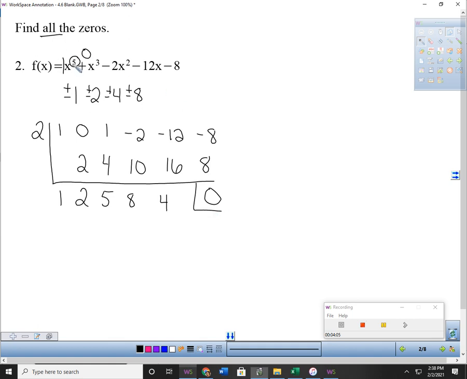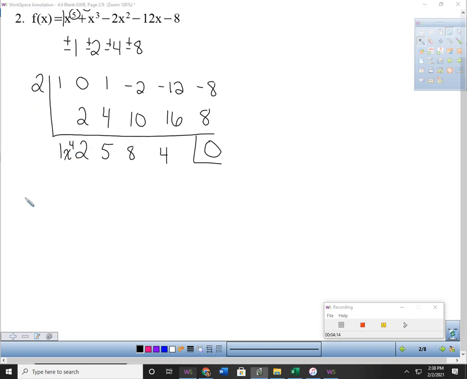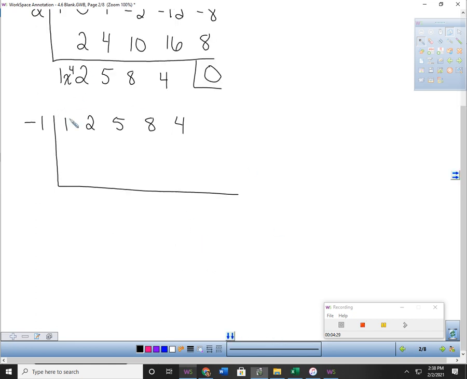So remember, if I started with x to the 5th, the first time that I divide cuts that down to x to the 4th, and I kind of like to keep track of that if I'm going to divide multiple times. Now I'm going to divide by the -1, and I'm going to end up doing this twice. So I'm going to drop down these numbers, the 1, 2, 5, 8, and 4. And I go through the whole process again.